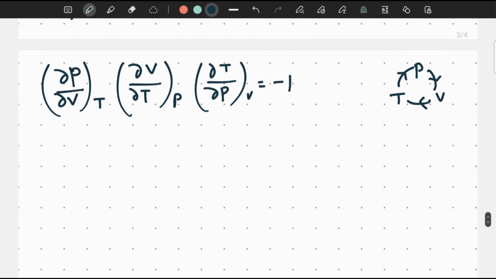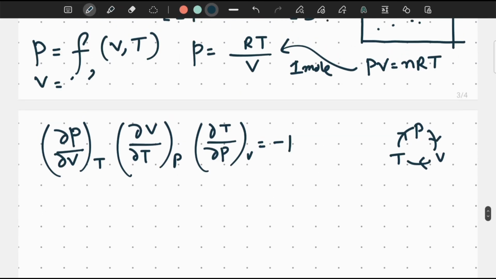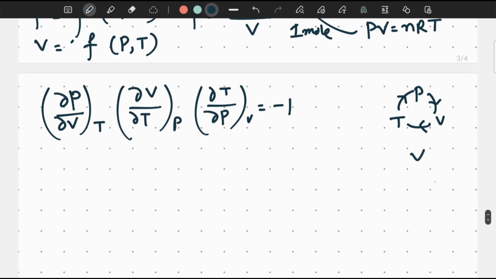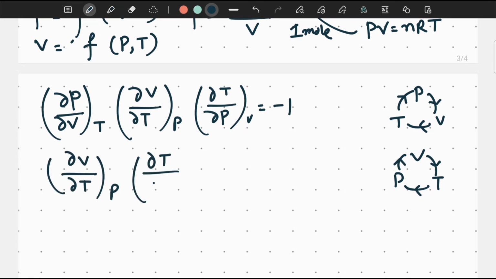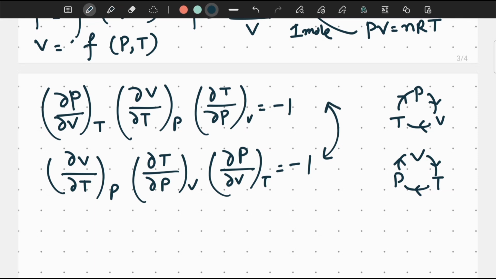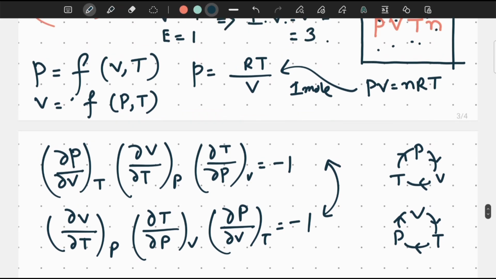You can write the cyclic rule in terms of V as well, because V can be written as a function of P and T. So del V by del T at P, times del T by del P at V, times del P by del V at T, is also -1, and these two equations are actually the same. You can convert one into the other. N is not considered here because we have considered 1 mole of gas.